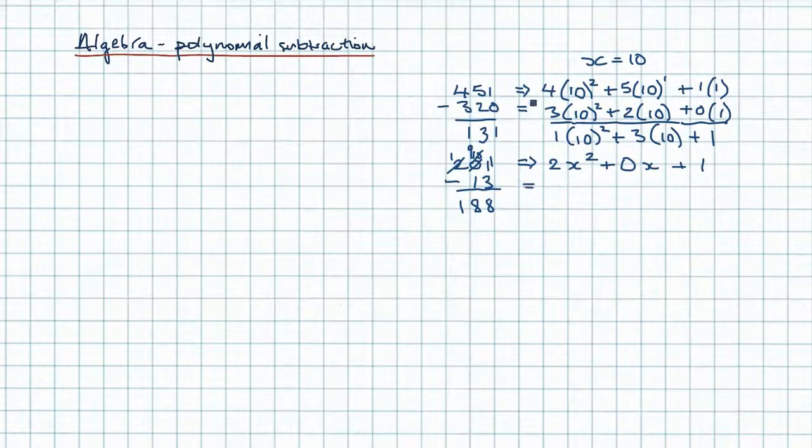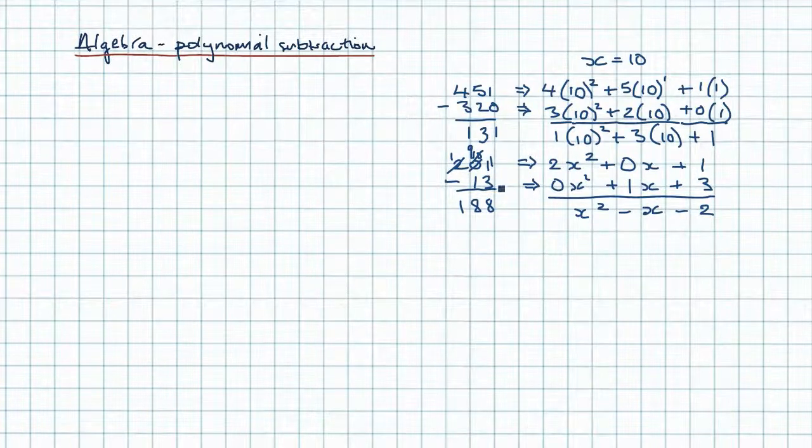And now here we've got no x squareds, we've got 1x, and we've got 3 here. What would we do? Well, we can't do all this borrowing, so we simply subtract 3 from 1 to give us negative 2. Here we've got an x subtracted from no x, so we've got a negative x. And here we've got an x squared subtracted from 2x squared, gives us our 1x squared.